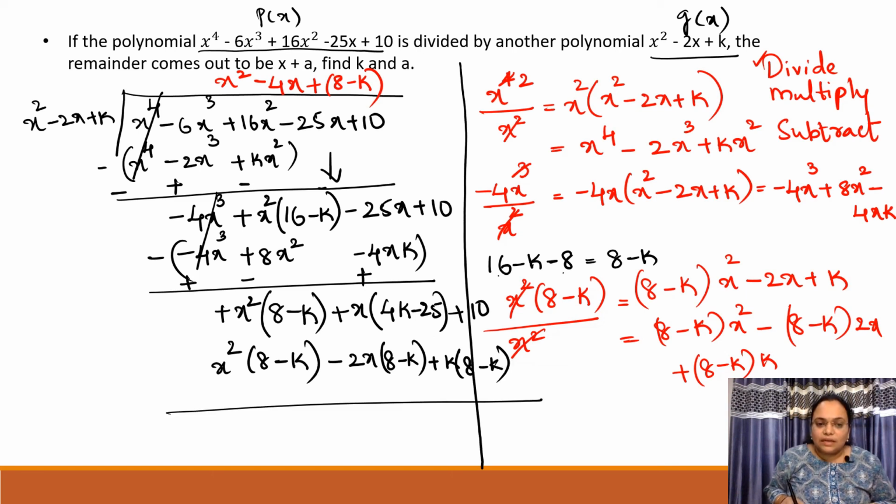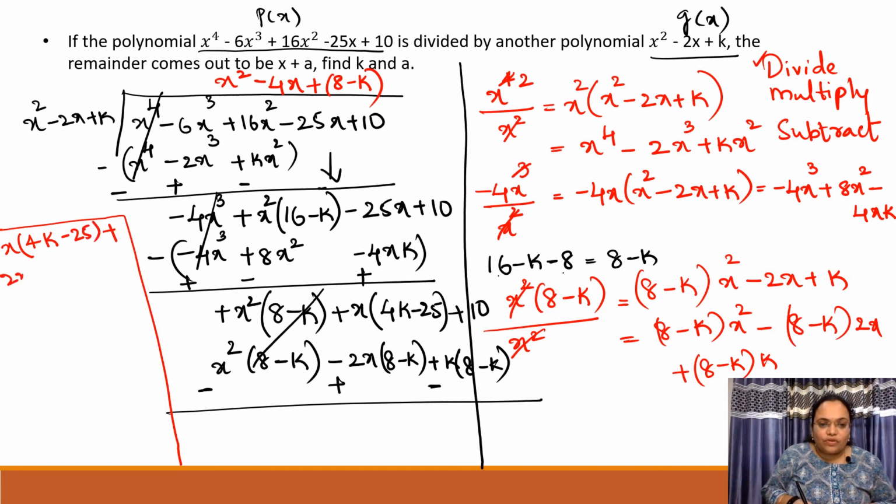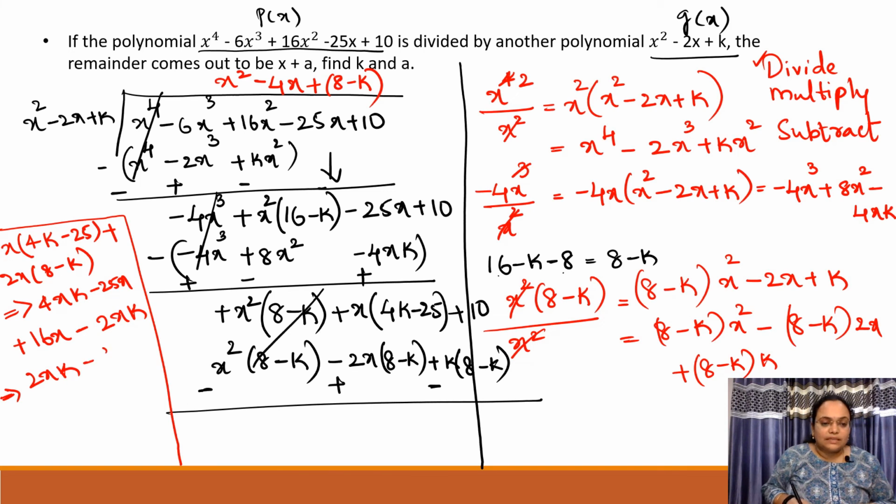You subtract it, this will become minus, this will become plus, this will become minus. It will get cancelled. See, this part I will do it here. x of 4k minus 25 plus 2x of 8 minus k: 4xk minus 25x. 2x into 8 is 16x, minus 2x into minus k is minus 2xk. 2xk minus 9x.